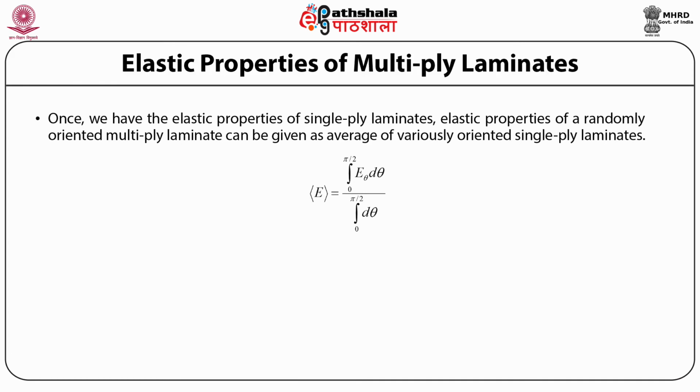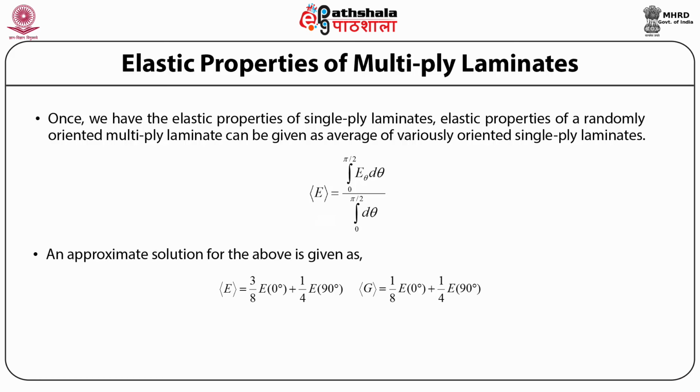Once we have the elastic properties of single ply laminates, elastic properties of randomly oriented multiply laminates can be given as the average of various oriented single ply laminates, that is, average of E is equal to integral 0 to pi by 2 E theta d theta divided by integral 0 to pi by 2 d theta.